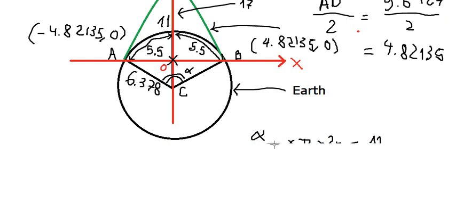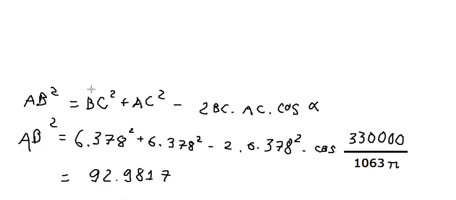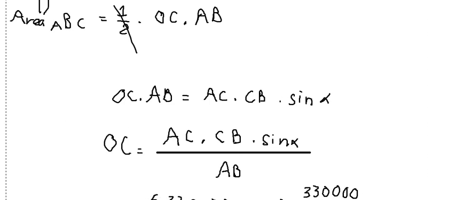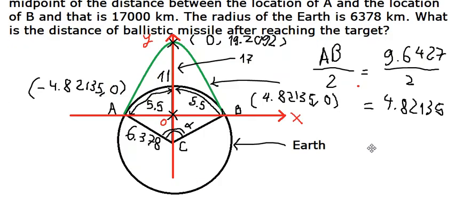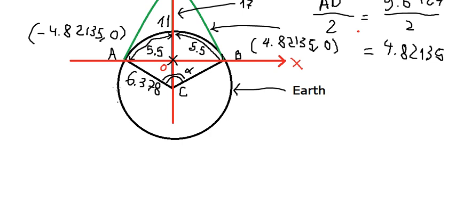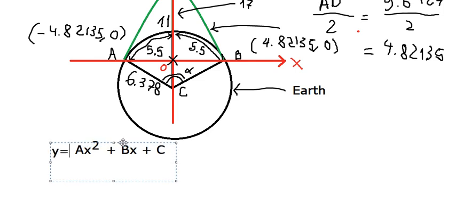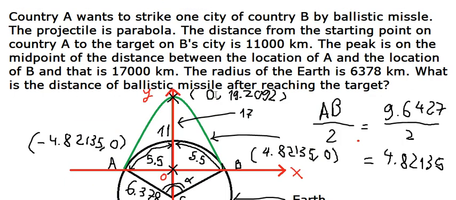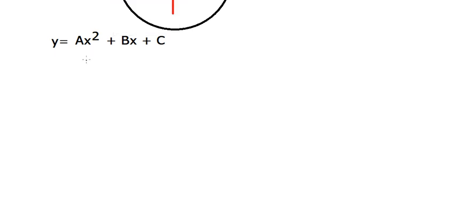So I will erase this number in here, so I don't have enough space. So we know that the equation of the parabola should be ax squared plus bx plus c. We know that when x equals 0, y equals 19.2072. So we put x equal to 0 in here and here.